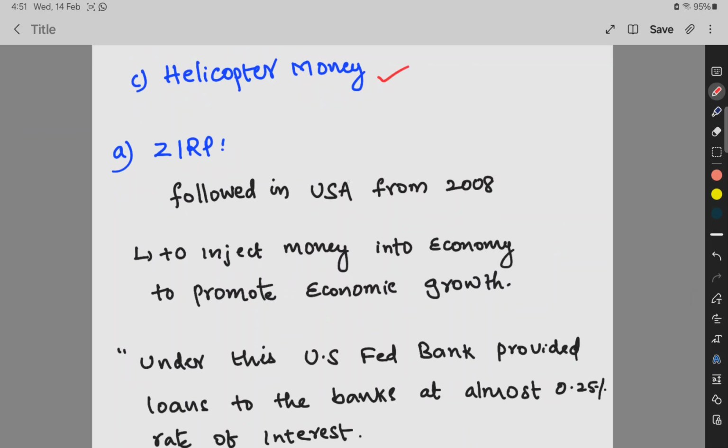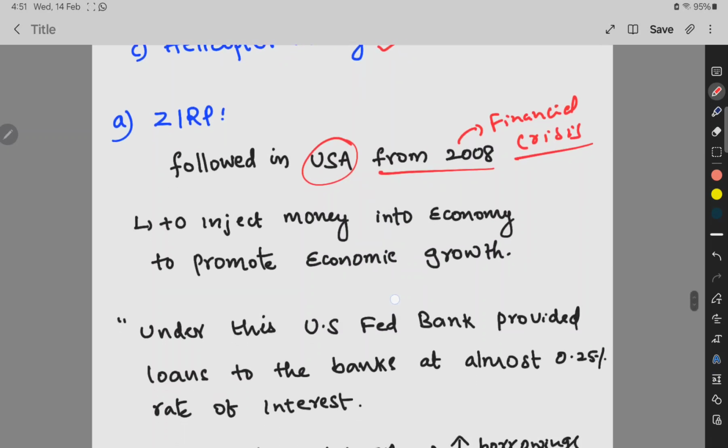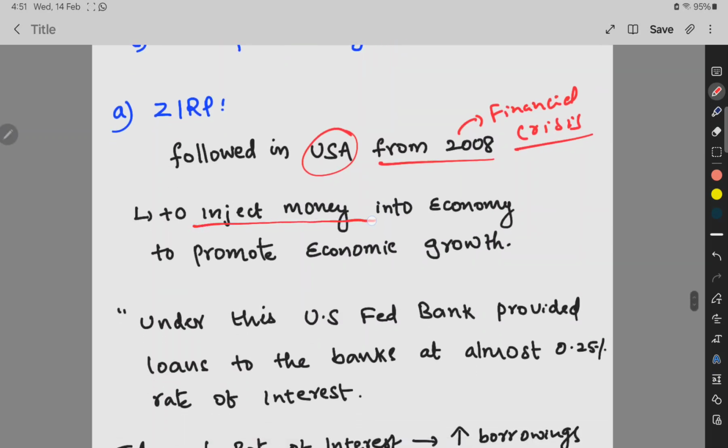It is followed in the USA from 2008. We know what happened in the 2008 global financial crisis. Under the zero interest rate policy, money is injected into the economy in order to promote growth.